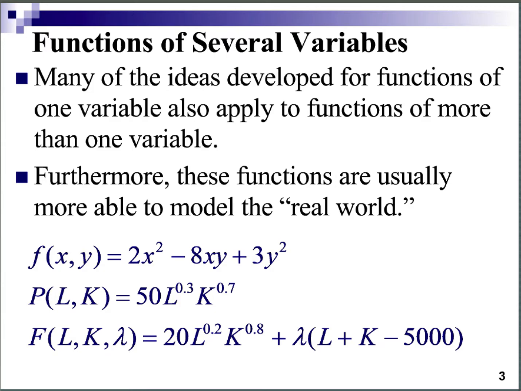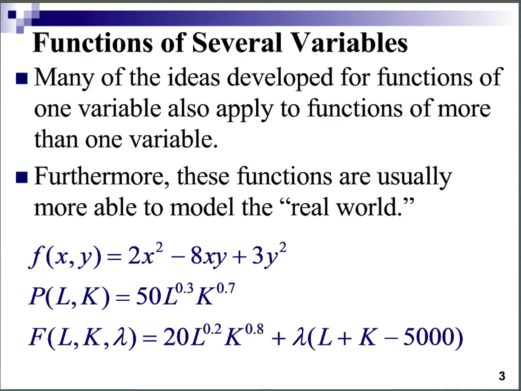So you'll notice a couple things about the functions. Inside the parentheses, each one has variables listed. So little f has x and y inside the parentheses, and so that's telling us that the function f depends on 2 independent variables. The inputs, the numbers that we plug in, are x and y, and then the result that comes out is f of x, y.